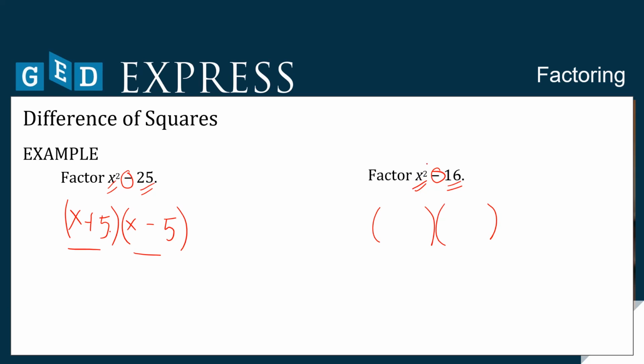Find the square root of x squared, which is x. The factor of the first term is x times x. And the square root of 16 is 4, since 4 times 4 is 16. Then plus and minus. So the factors of x squared minus 16 are x plus 4 and x minus 4.